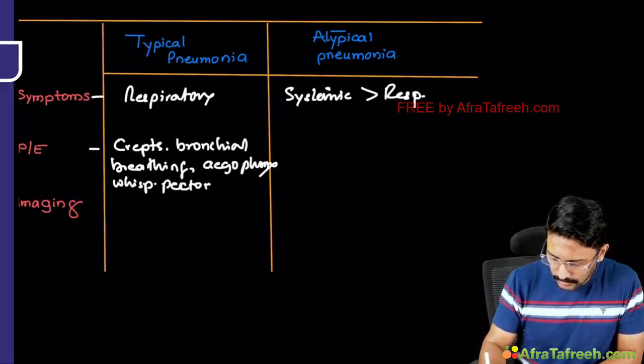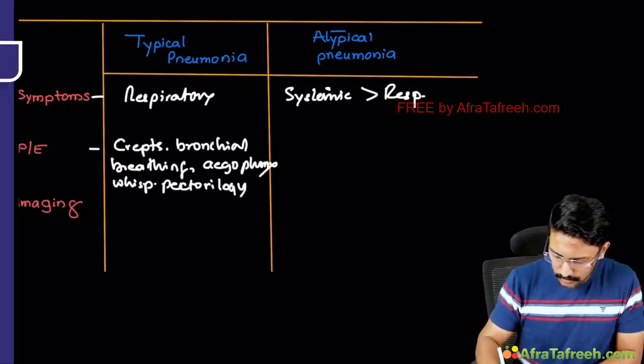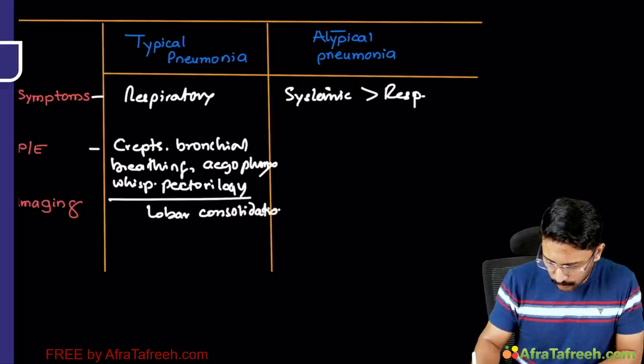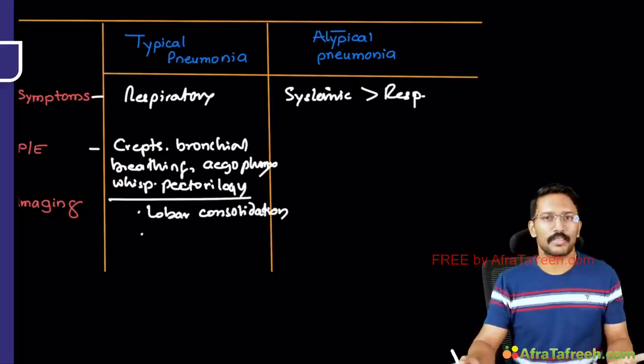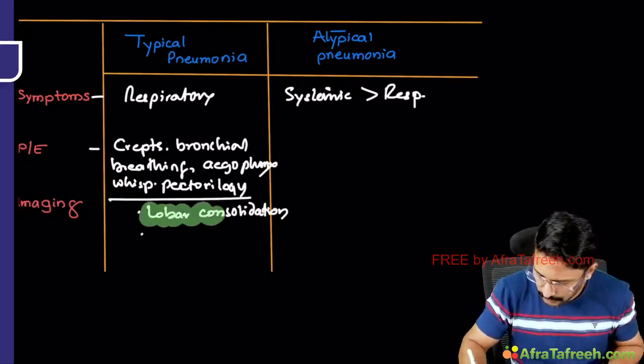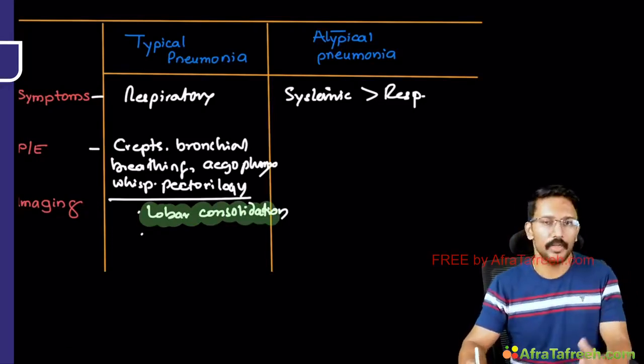Now all these are suggestive of lobar involvement, right? So lobar consolidation is a typical example of typical pneumonia, or sometimes you can have bronchopneumonia, right? But when you have a patient with lobar consolidation, we know that it is very, very typical pneumonia.